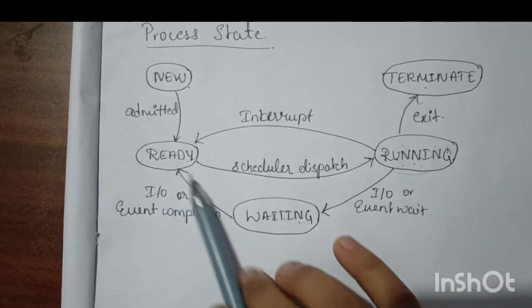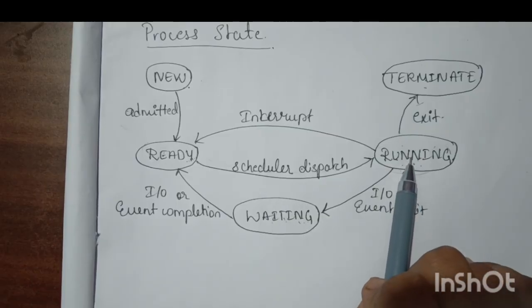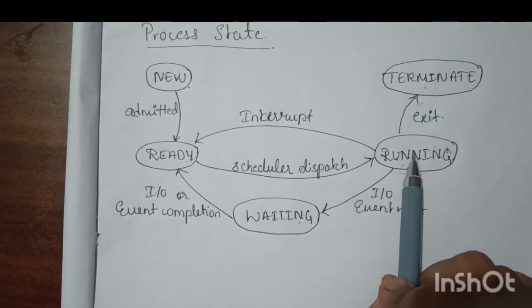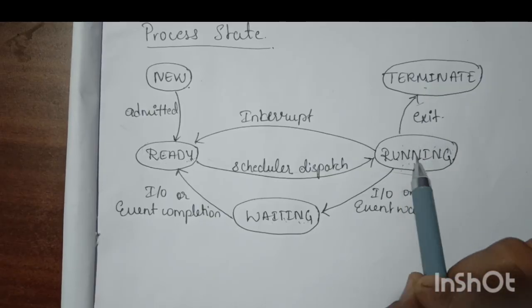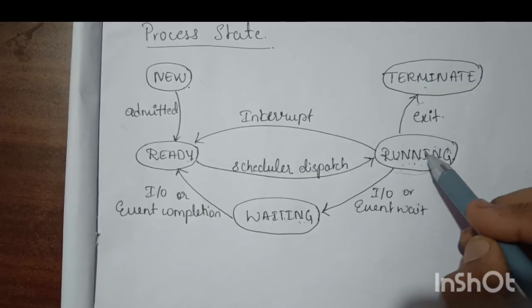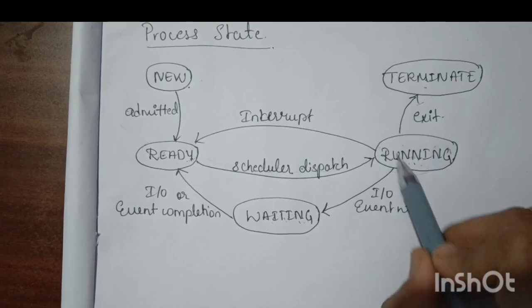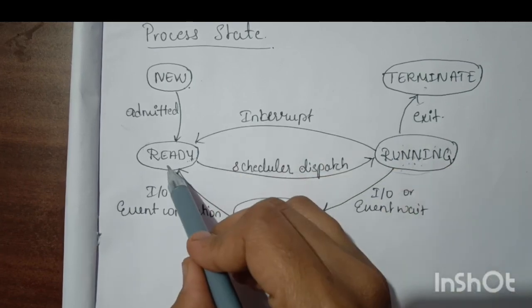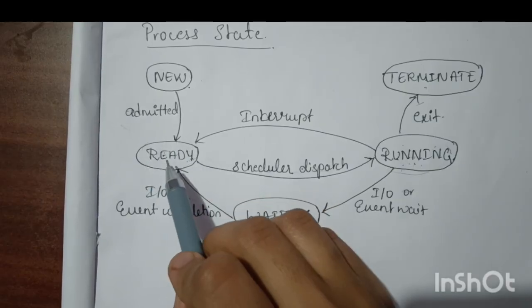Now coming to your waiting state, or we'll first define running state so that you can understand the waiting. Running, you are just going to define as the instructions are being executed, that is, the process's instructions are now being executed. Now when I say the processes are in the ready state, they are already in your main memory.